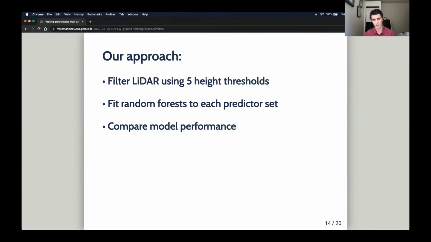And we used an automated machine learning approach to tune each of these models to make sure that we didn't have our finger on the scale in any way, biasing one model and data set over the other. And then we compared the performance of all of these models against each other, both statewide and in relation to landscape metrics like patchiness and forest cover.